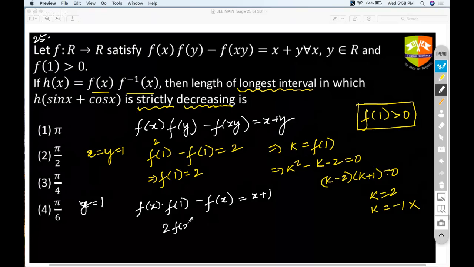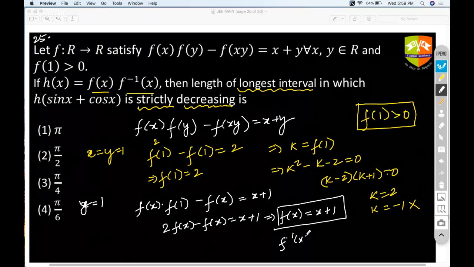So 2f of x minus f of x is equal to x plus 1. That means f of x is going to be x plus 1. Right? This is a very big achievement for us because now we know f of x. So f inverse x is also very simple. That's going to be x minus 1. Right? So the product of f of x into f inverse x, that's your h of x, is going to be x square minus 1.